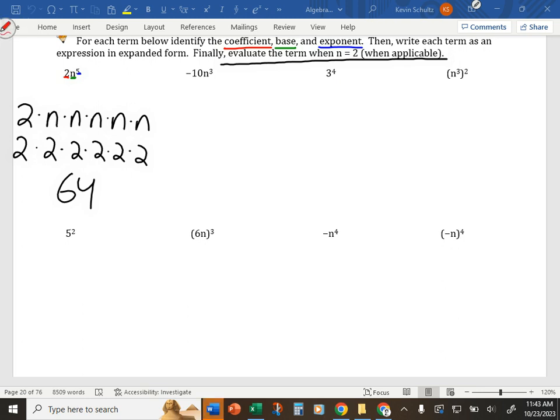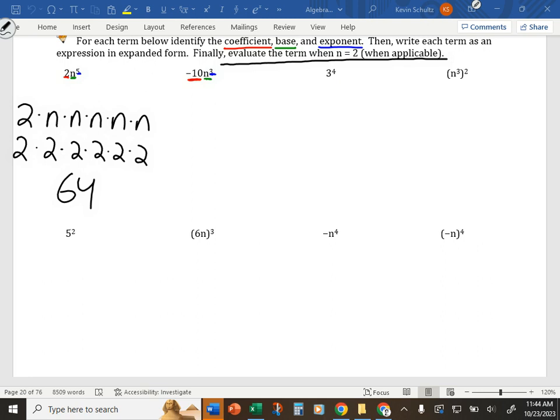my coefficient first. What's my coefficient in negative 10n cubed? Josie, negative 10. What's my base in negative 10 n cubed? My base. N is the base, yep. And then the only thing left is the exponent, is the power, and that's going to be a 3 there. Okay. In expanded form, what's this going to look like?